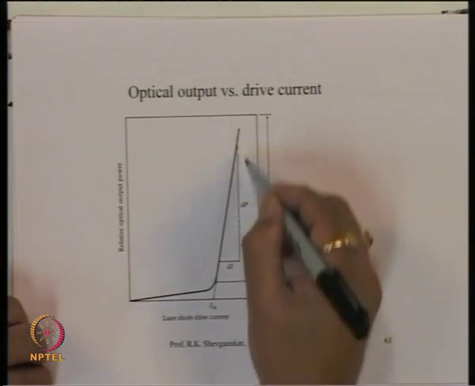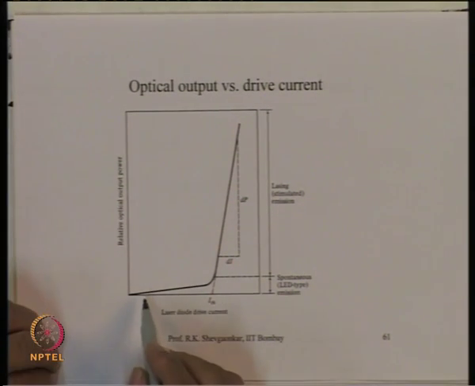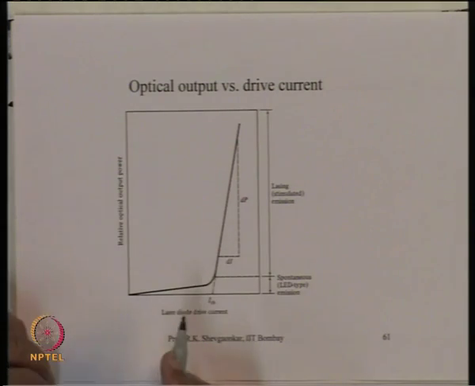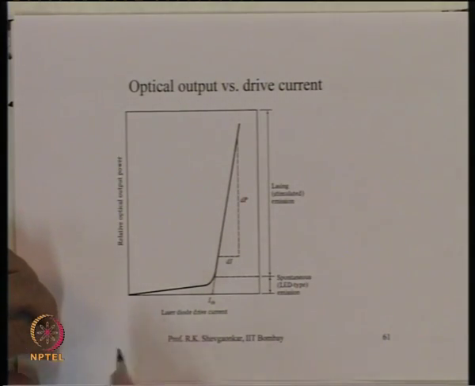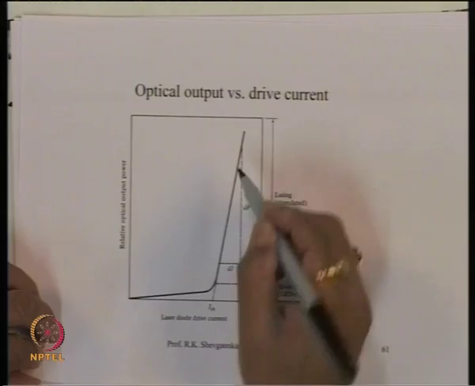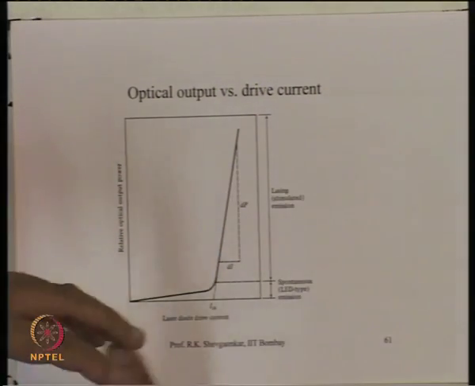One can say that in both the regions I have a linear variation, but you will note that the linear variation here is more stable, whereas here any small fluctuation in the current will give me a very large fluctuation in the light output. So, though this characteristic is linear here, it is not a very stable characteristic in the sense that I can use it for linear modulation.